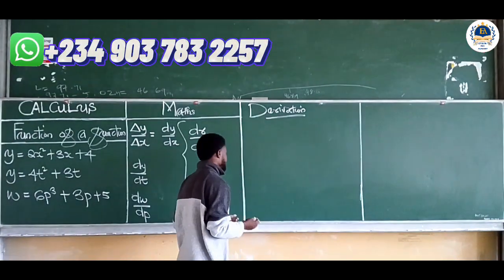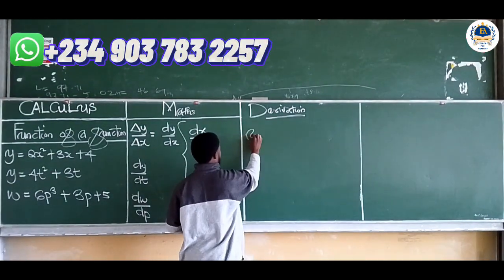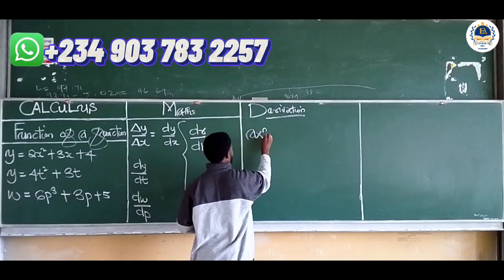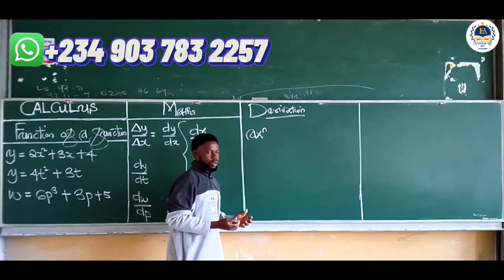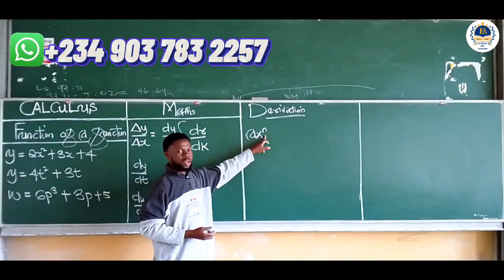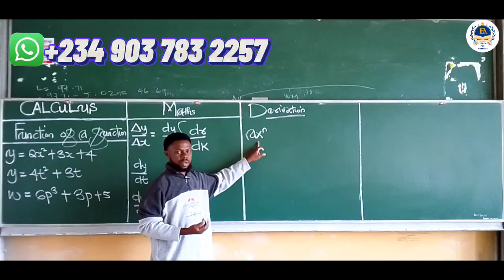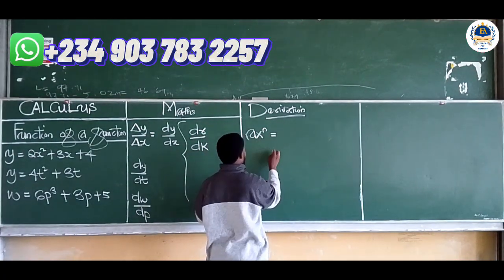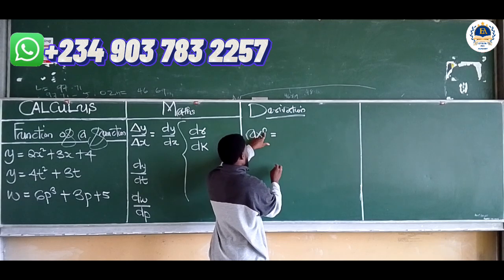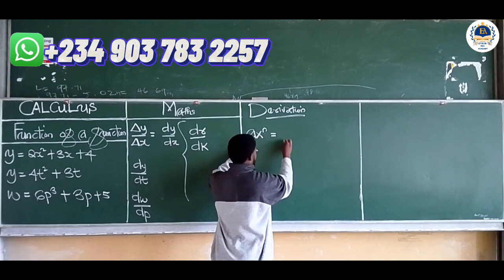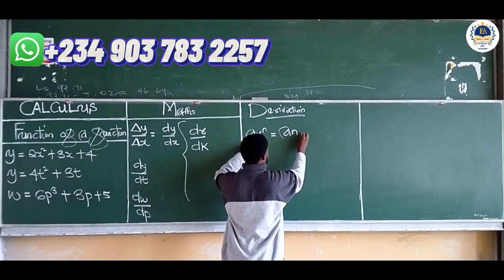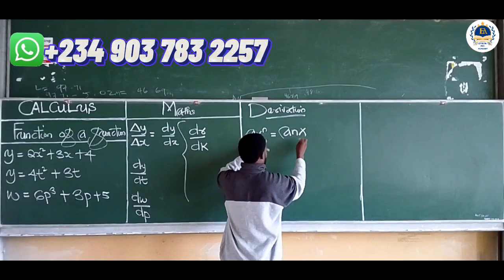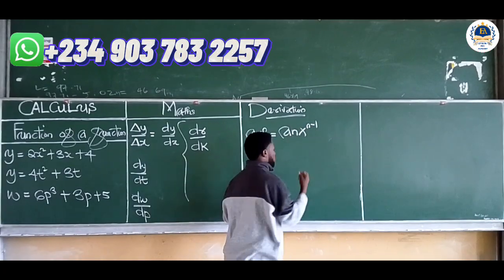So, for instance, if ax raised to the power of n is given to you, where a and n are whole numbers and x is a variable, the derivation becomes this power times the coefficient, that is a n, then x raised to the power of n minus 1.